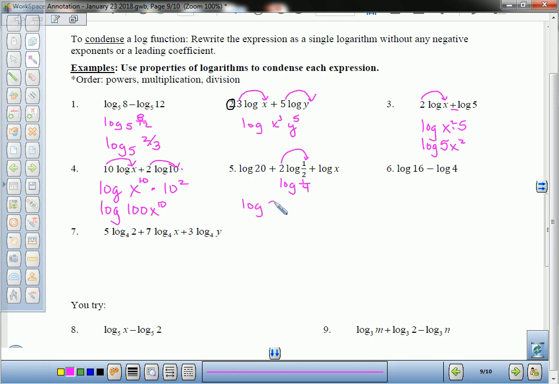So we have log of 20 times a 4th times x. What's a 4th of 20? 5. So that simplifies to log of 5x. All right, this one, the subtraction becomes division, and 16 divided by 4 is 4. Becomes log of 4.